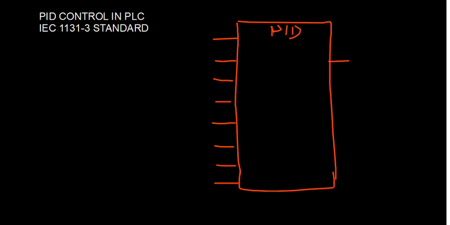Auto, this is PV, preset value, SP, then this is X naught, KP, TR, cycle.